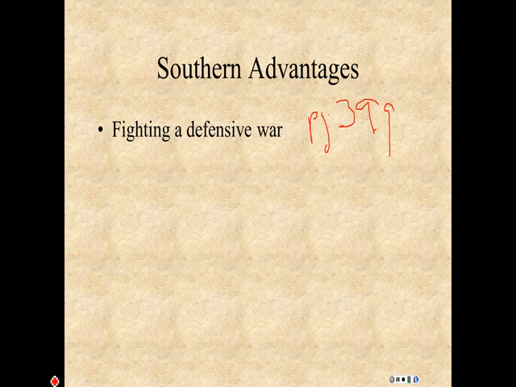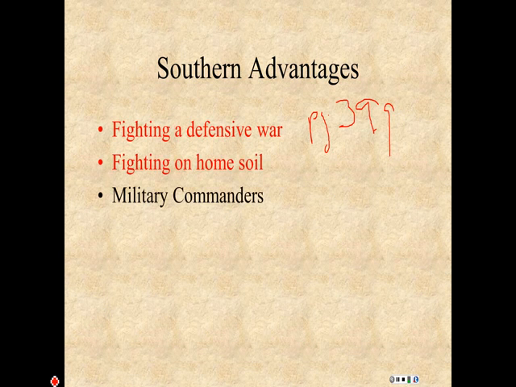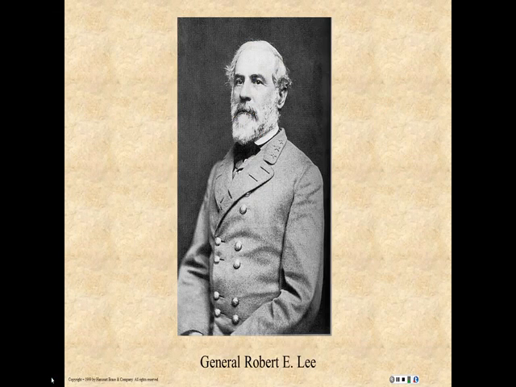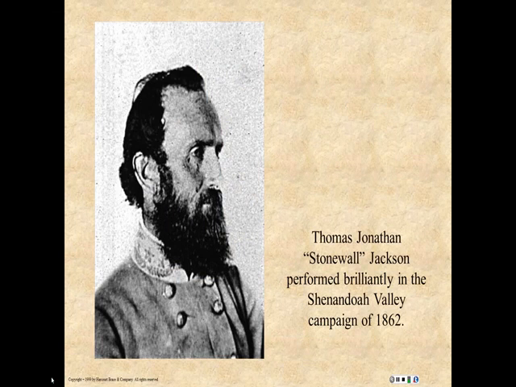And I think that's very hard for the North to achieve its aims. The South has to defend itself. It's fighting on its home soil. The South also has better military commanders. Almost all the military commanders in the Civil War are from West Point, trained at the military academy, but Lee and people like Stonewall Jackson tend to outmatch their northern counterparts.